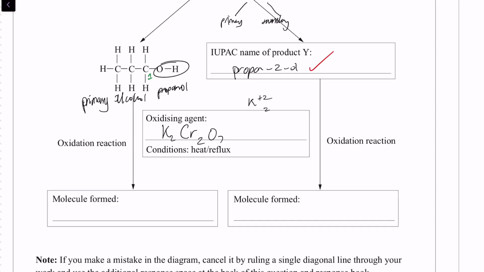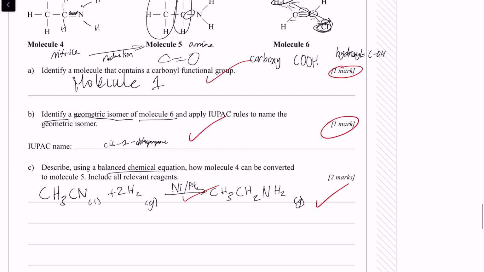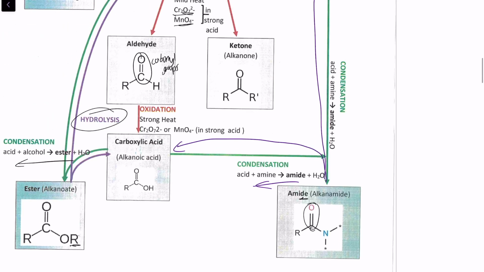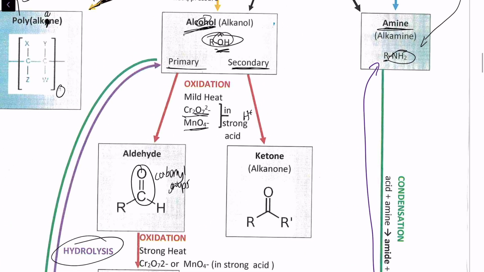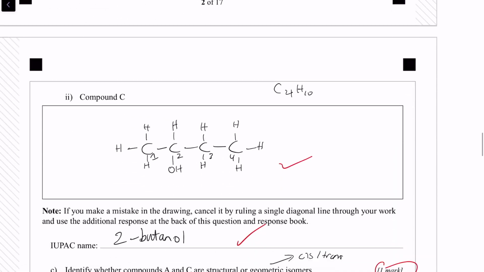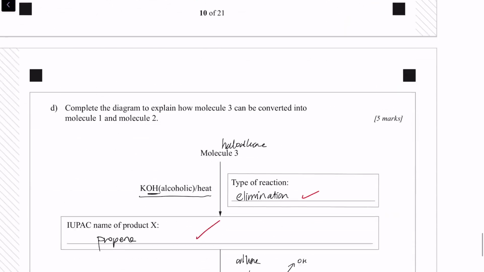So typically what you'd say, and it's on the end of the sheet as well, and you can have your acid as well, H+. But as long as the marker, I guess, sort of knows what you're talking about, like in strong acid, so that's our H+, mild heat, have some of these reagents or oxidizing agents, then I'm sure you'll get the marks there.